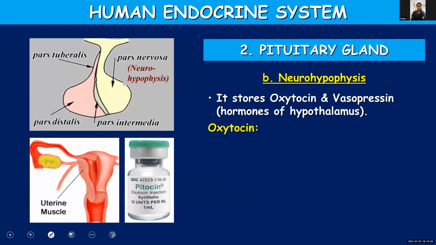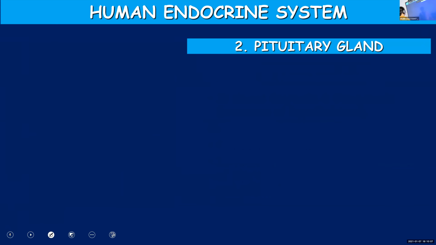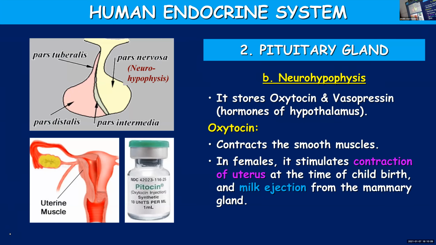Oxytocin brings about the contraction of smooth muscles, and in females, this contraction of the smooth muscles helps in childbirth and also ejection of milk from the mammary glands.